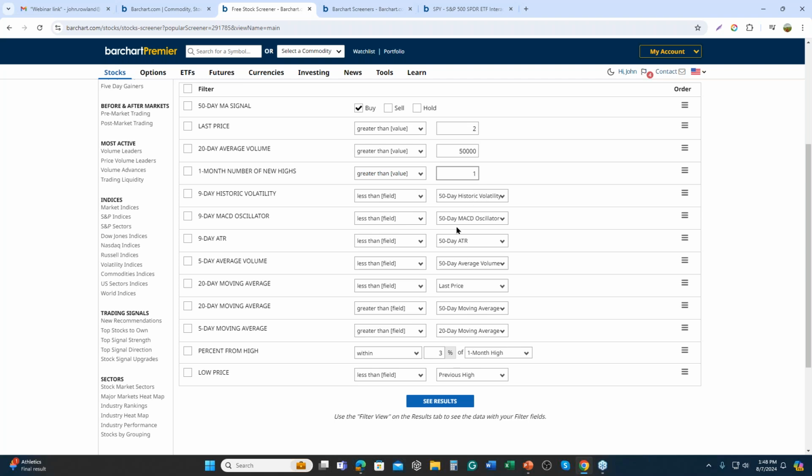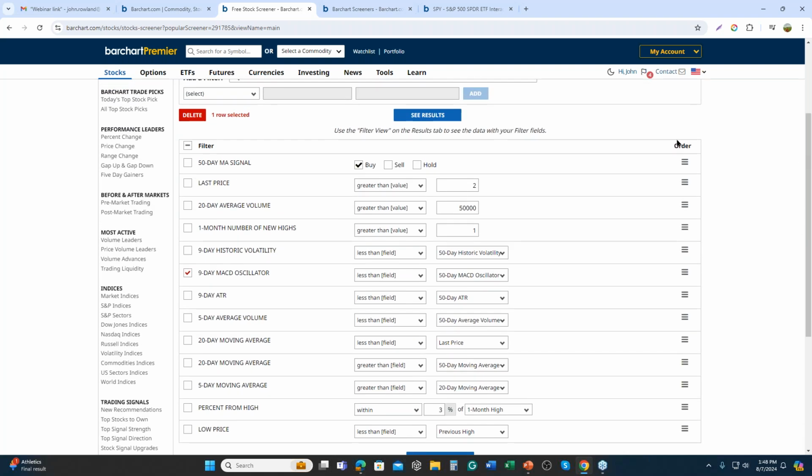Now, the other thing that I will do on this one occasionally is, if I'm not getting a lot of candidates, I will remove this 9-day oscillator, the 9-day oscillator that is less than a 50-day oscillator. Again, maybe we do see price move lower in our handle, but this eliminates a lot of those potential cup and handles. So I'll just take that one out.